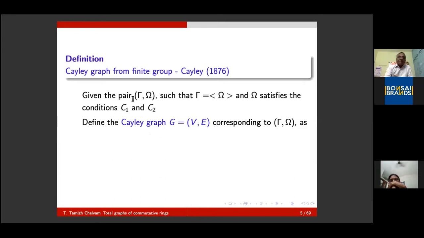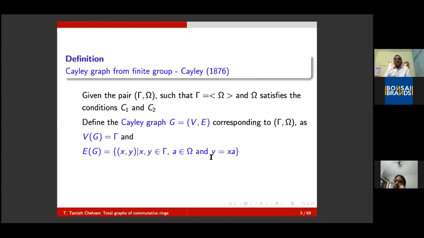The vertex set of the Cayley graph is the full group gamma, and the edge set is this. Two elements X and Y of the group are joined provided they satisfy the condition that Y is equal to XA for some A in omega.